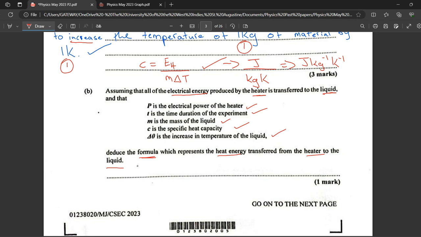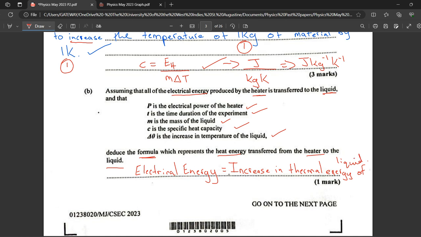Well, we have electrical energy is equal to increase in thermal energy of liquid, right?